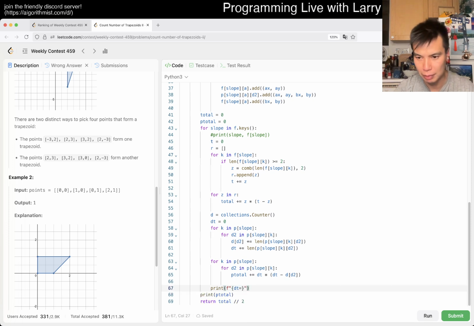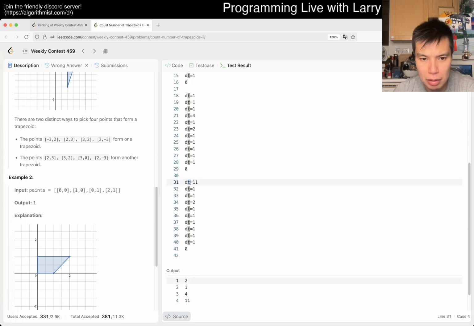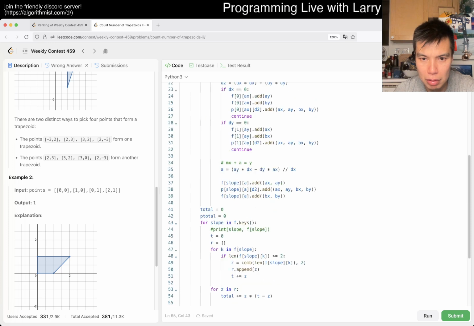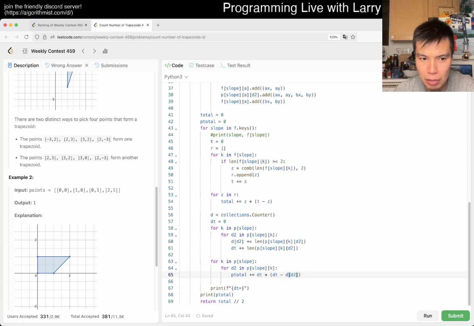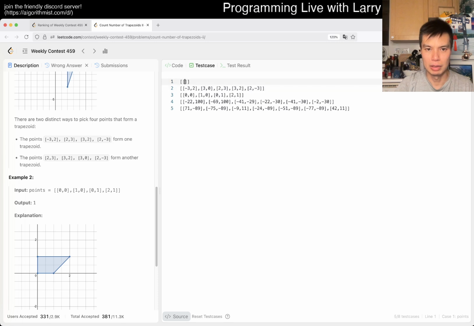I feel like we're close, but not close enough for me to be comfortable. Okay. So 11 dt minus dt. How do I debug this? Well, let's just write a better case. Maybe we just want a square.